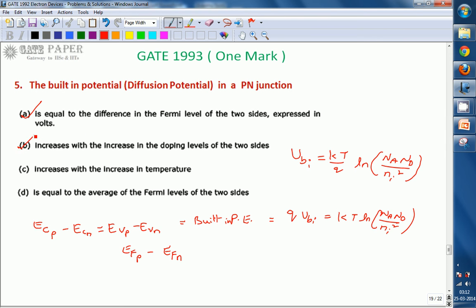Next, with respect to temperature: if temperature increases, according to this equation, Ni, the intrinsic carrier concentration, only depends on temperature.